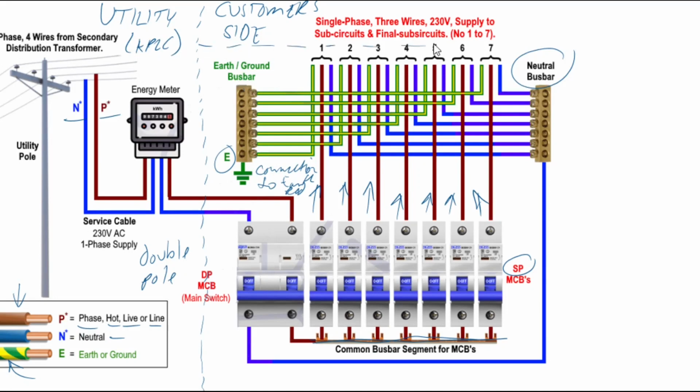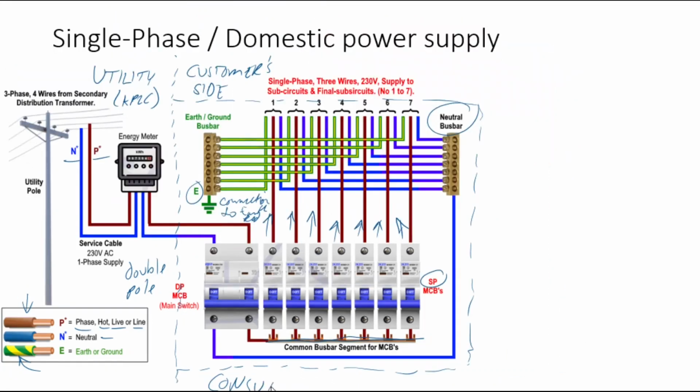This entire box, I can call it, is called the consumer unit, and it houses all the breakers and connection points for the circuits that are provided across the building.